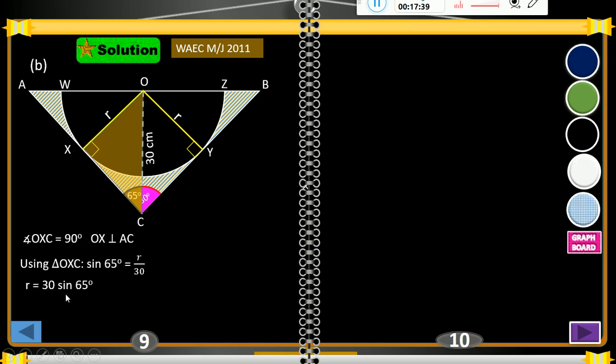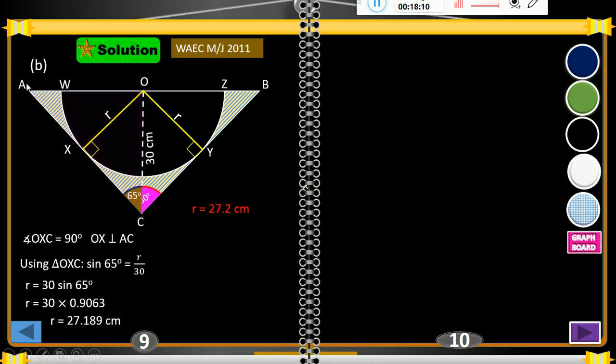So therefore, the radius of the circle will give us 30 sin 65. Using calculator, you find the value of sin 65 to be 0.9063. Using the calculator to multiply that, we are going to have the radius of the circle will be 27.189 centimeters, which is equal to 27.2 centimeters in one decimal place, or 3 significant figures.